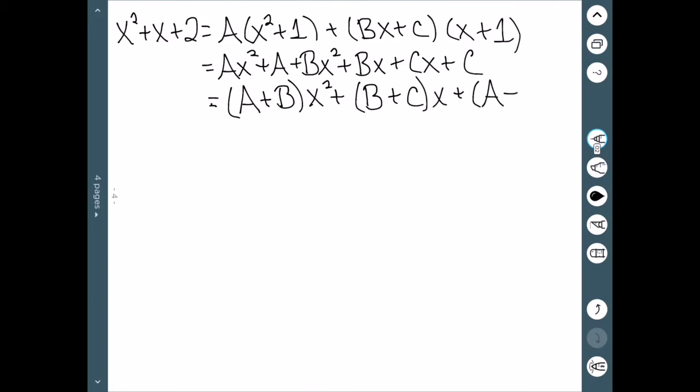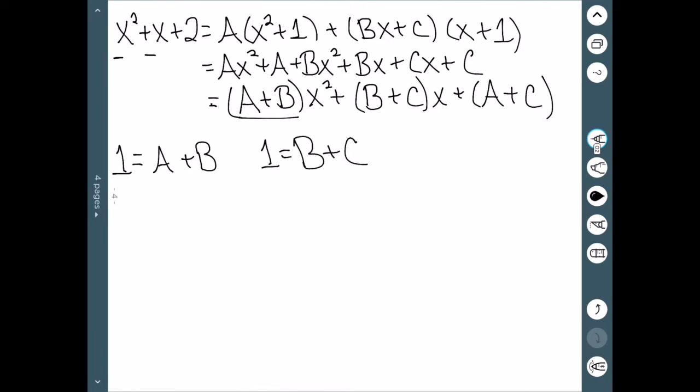And then my constants are a plus c. On the left, the coefficient in front of the x squared is a 1. On the right, it's a plus b. The coefficient in front of x on the left is a 1, and on the right, b plus c. My constant term on the left is 2, and on the right, it is a plus c.